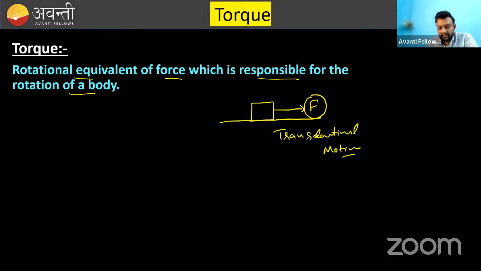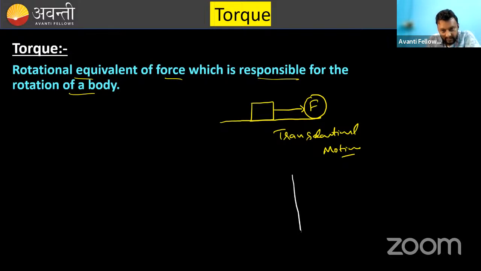On a similar basis, torque is necessary for the rotation of a body. A body will rotate only when it has some torque. One thing is clear: torque is similar to force in translational motion. Now, how is it calculated? We will see here.